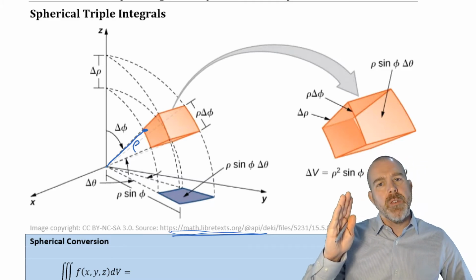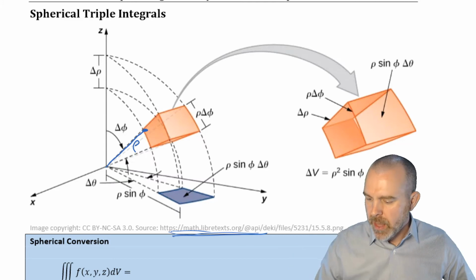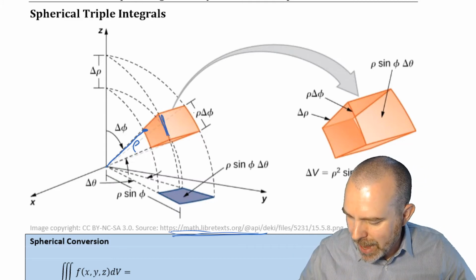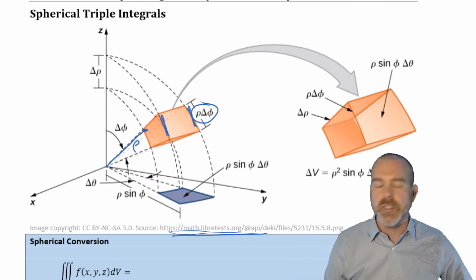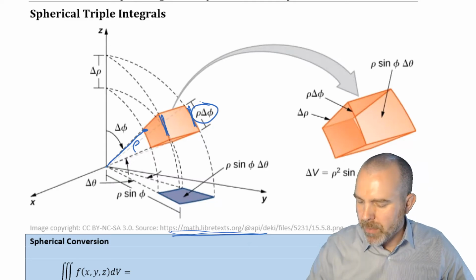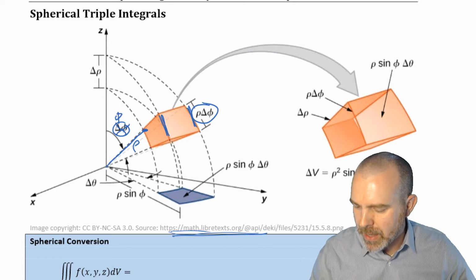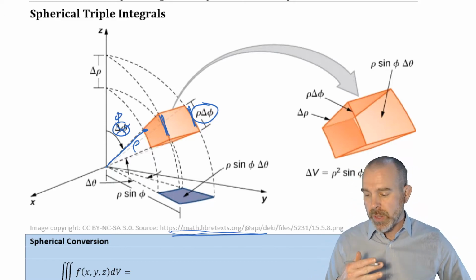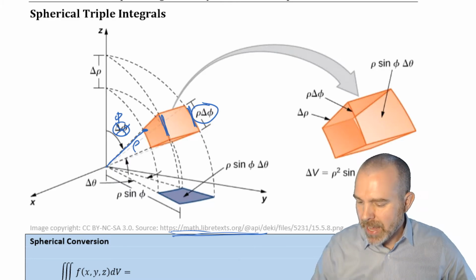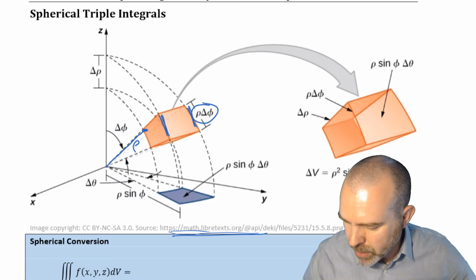And so when the angle phi sweeps vertically, then the height of this box is going to be rho delta phi. You can see here above rho where it has this delta phi, that's actually just phi, not the change in phi, that's the actual angle phi. Let me actually label below that, that's phi.